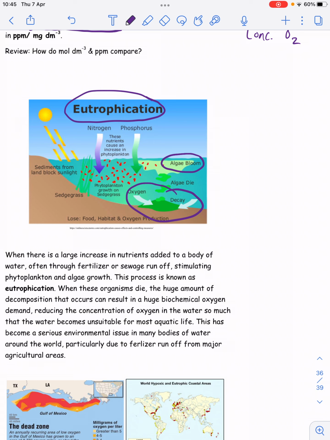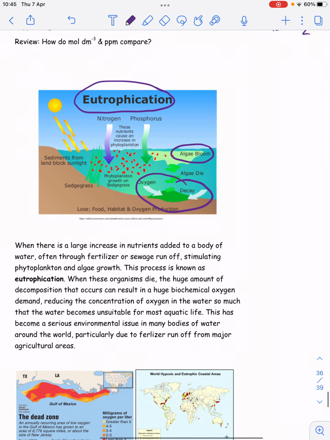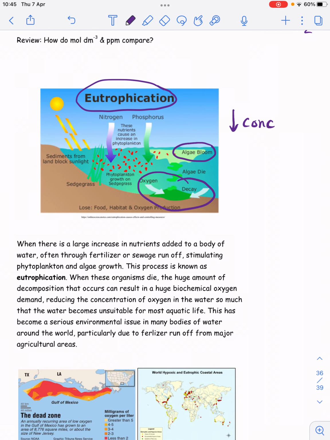And so as a result of all these excess fertilizers, nitrates and phosphates, and all this excess algae growth, eventually you get a situation where the concentration of oxygen is brought down so low by all the decaying algae being broken down by these bacteria that the water becomes unlivable for most aquatic life. And so this process, where we are dropping the concentration of oxygen to basically unlivable levels, is the eutrophication process.